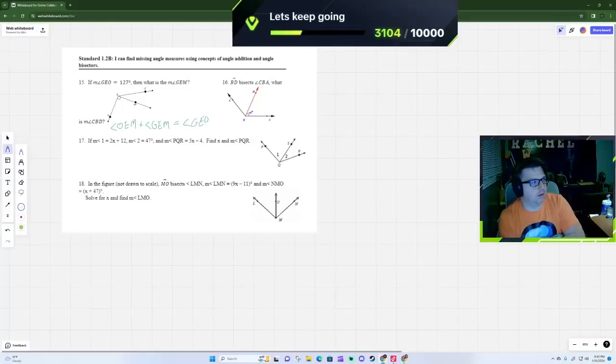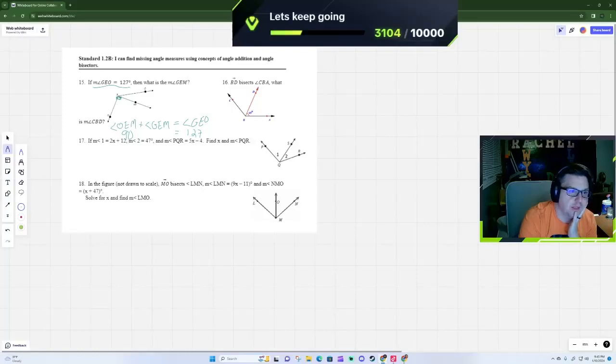Now, when you look at the information that's given, they tell you what GEO is. That's 127. So we're going to put 127 there. They tell you what OEM is because there is a box here. This box, from our angle classification stuff that we did, you need to know that that's a right angle, and the measure of a right angle is 90 degrees.